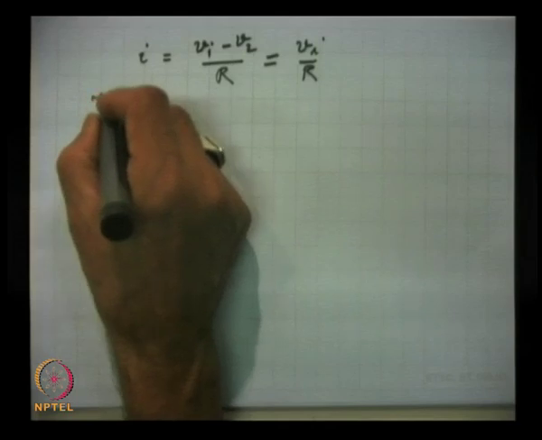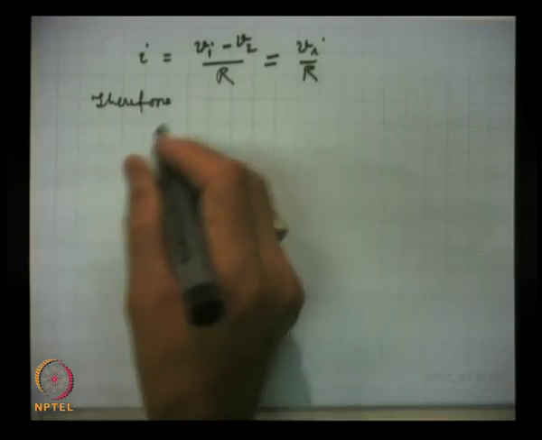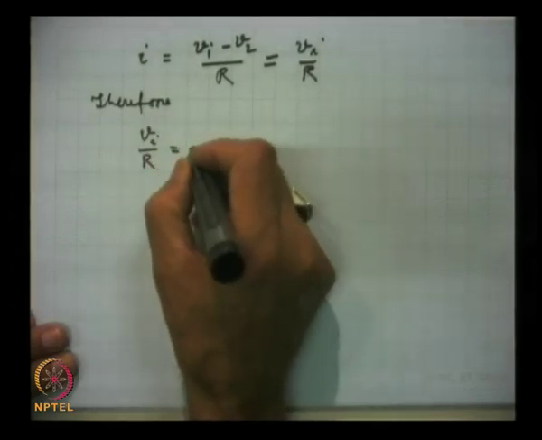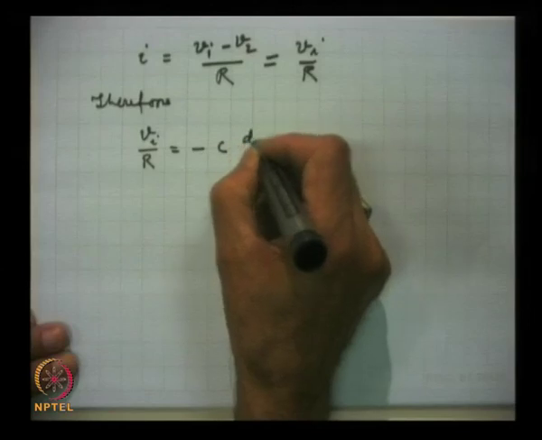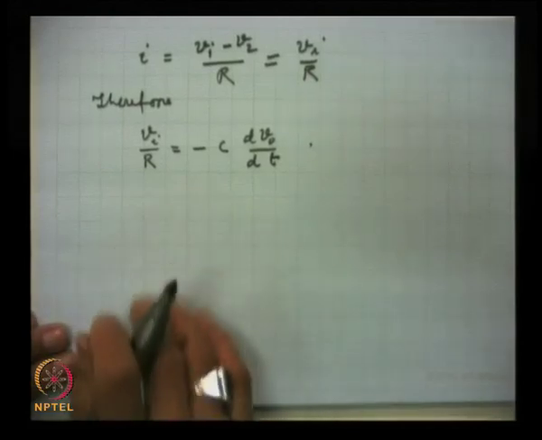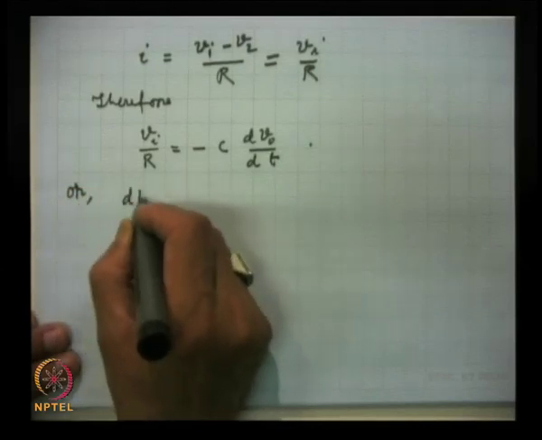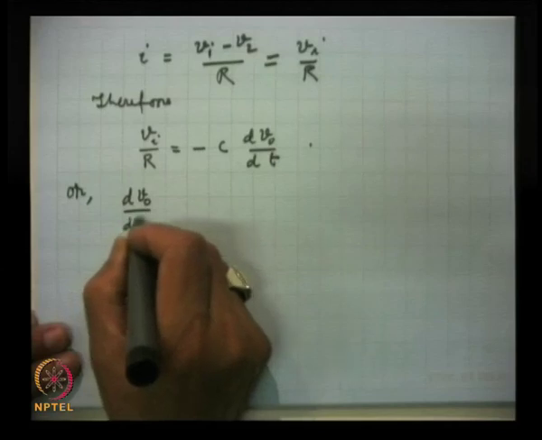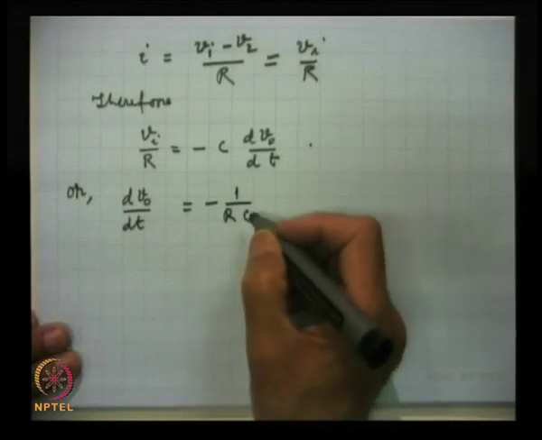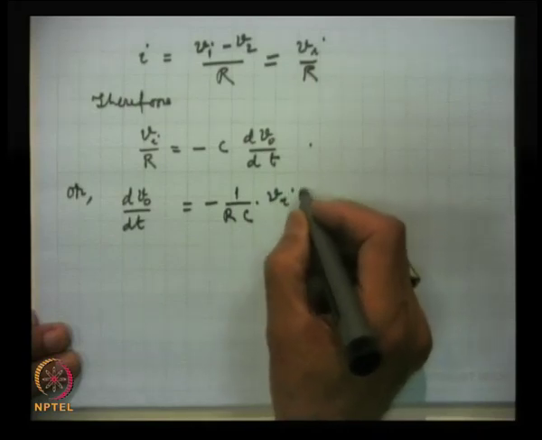Therefore, we get Vi by R, the current, is equal to minus C into dV0 by dt, or from here we can write dV0 by dt is equal to minus 1 by RC into Vi.